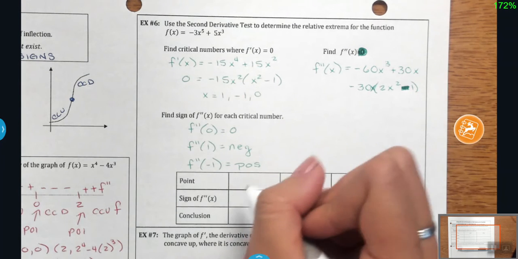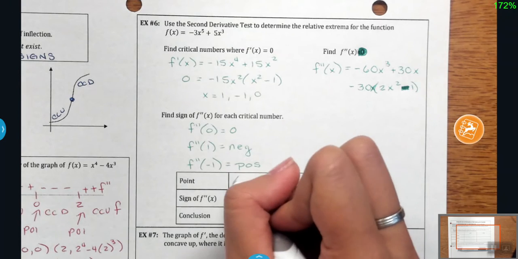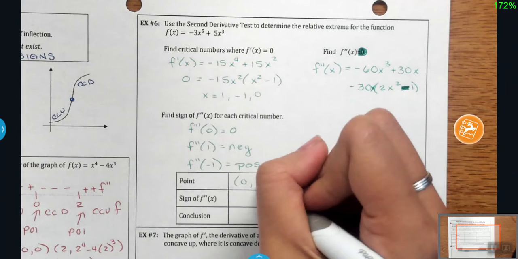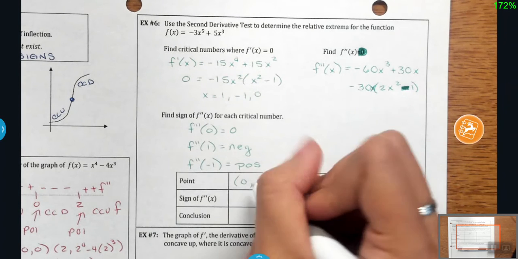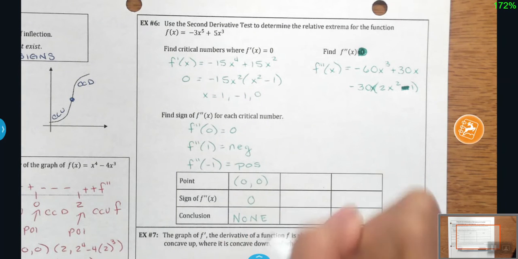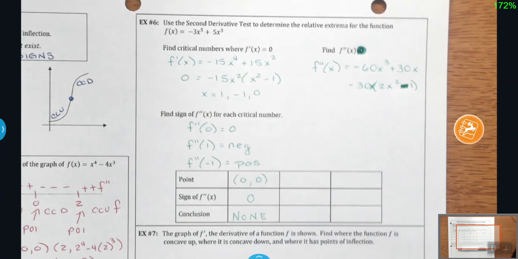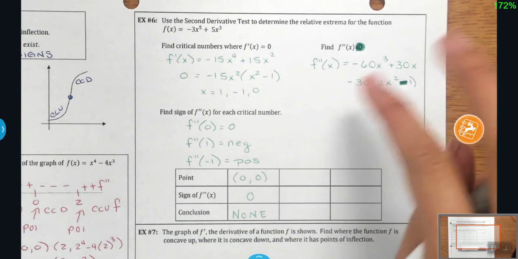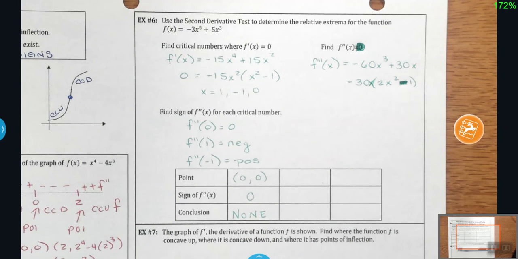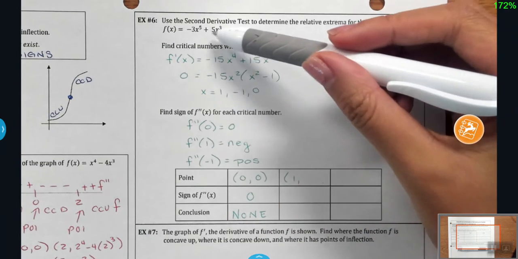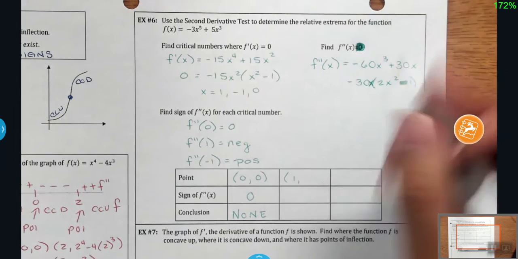Okay, so the sign of the second derivative: if your point is 0, comma, plug it back in the original, 0. Our sign is 0. Conclusion, none, right? We don't know what happens there. We could say possible point of inflection, but unless I prove that it changes from positive to negative, I can't say anything. Then we have 1, comma, negative 3 plus 5, 2.